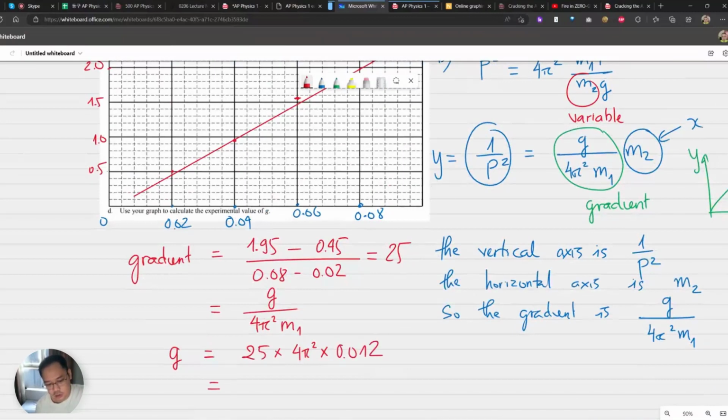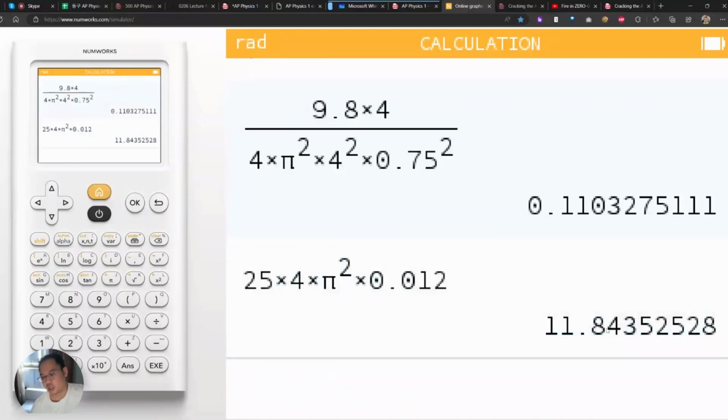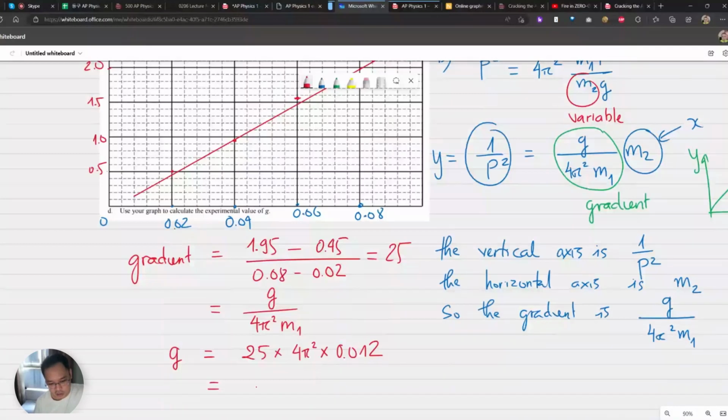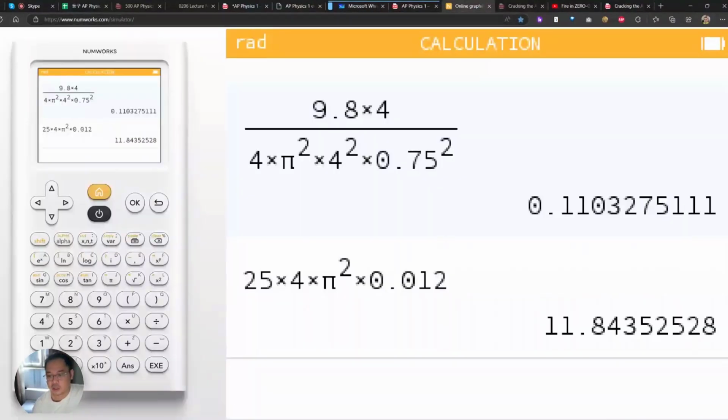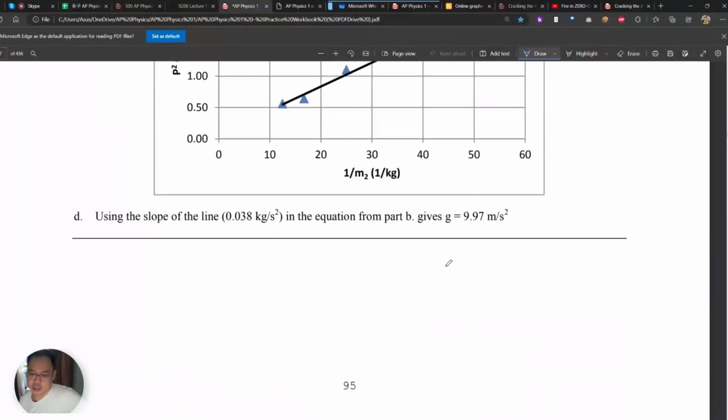So G is 25 multiplied by 4 pi squared times 0.012, which is 11.84. Funny value. 11.84 meters per second squared. Comparing it to the answer, 9.97.